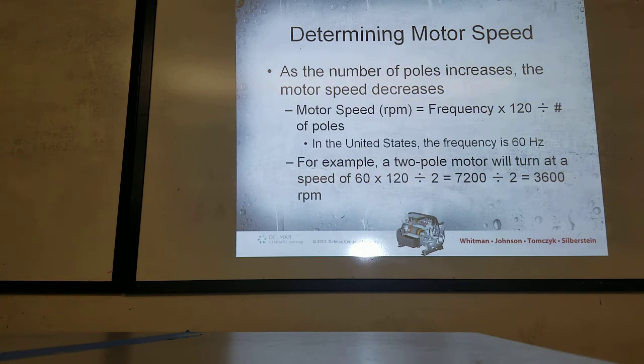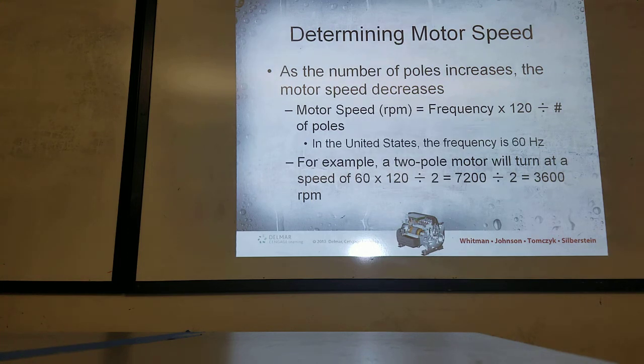Okay, so the motor speed is determined how? The frequency times 120 divided by the number of poles. What's frequency? RPM is revolutions per minute.